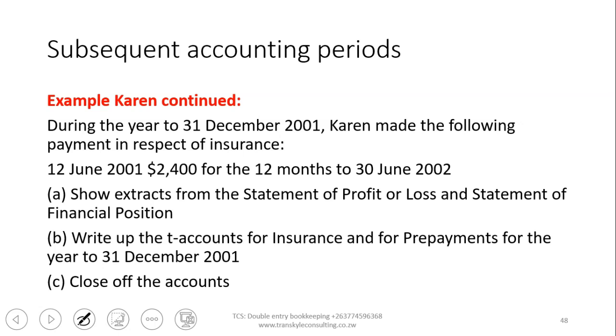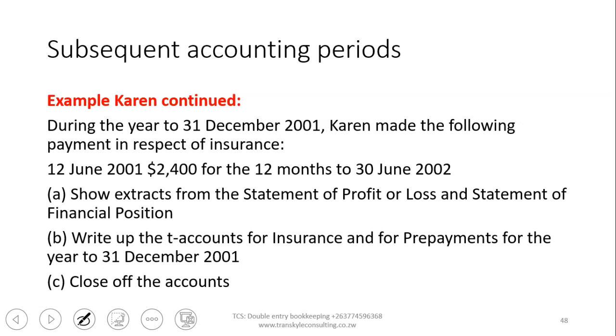All right, there's the issue of subsequent accounting periods. Example carrying continued. During the year to 31st December 2001, Karen made the following payment in respect of insurance. That is 12 June 2001, paid 2,400 for the 12 months to 30 June 2002.